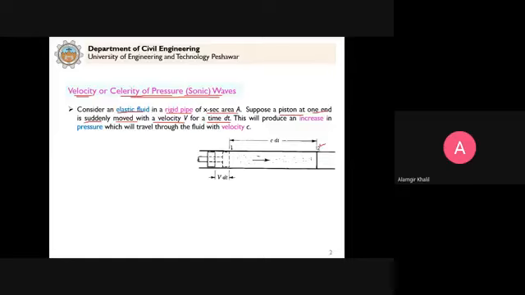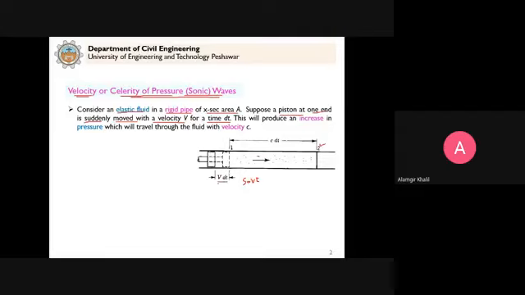We move this piston with a velocity v, so in time dt the distance it covers will be v times dt, from s is equal to vt. The distance it covers in dt is equal to v times dt.